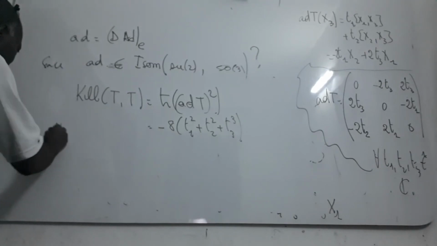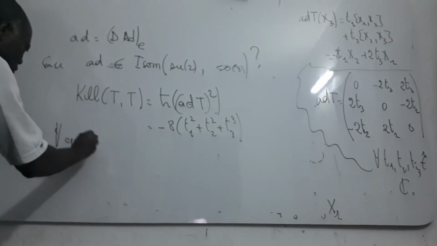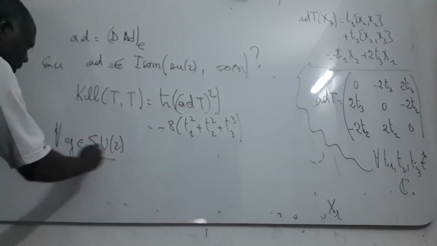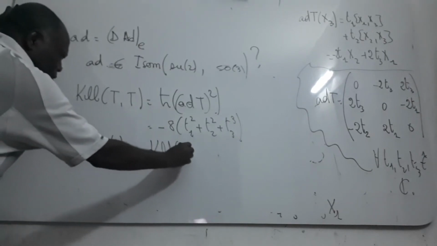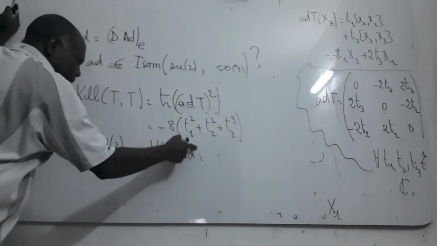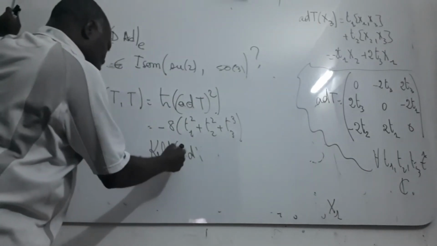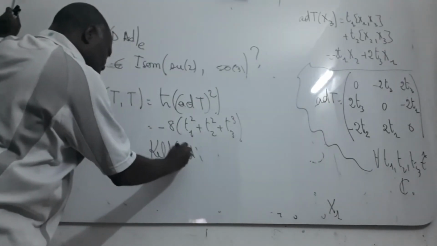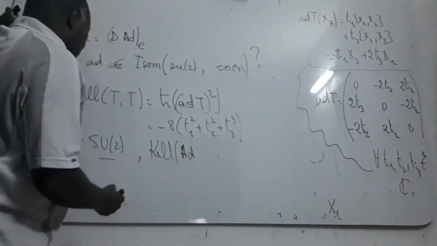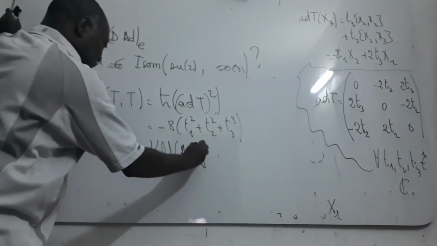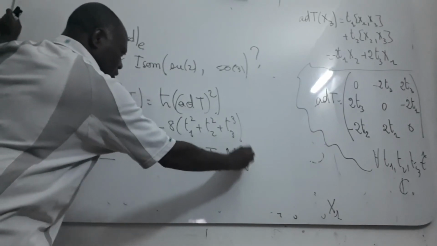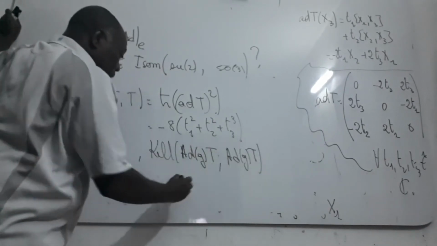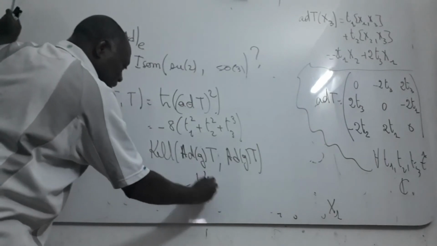And for all g in your group, we compute the Killing form of the adjoint of g applied to T.